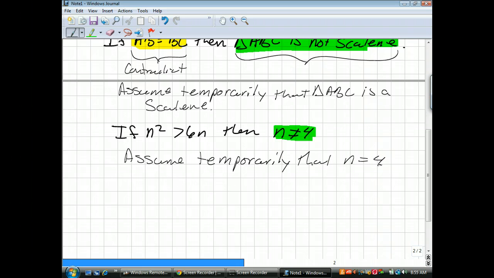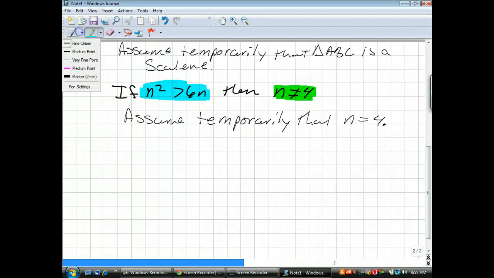Okay, so that would be the first line in my indirect proof. Then I would reason logically until I got something that contradicted the given. Okay? And once I get that contradiction, then I say, well, then my starting statement had to be false, and therefore the opposite is true.